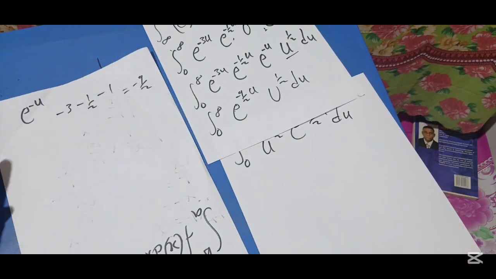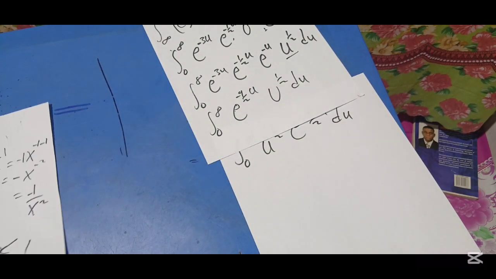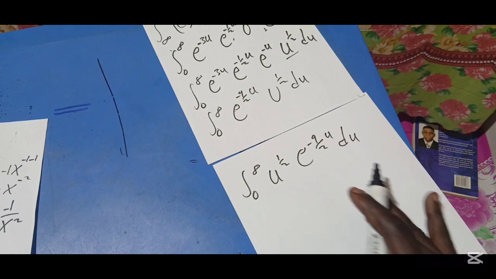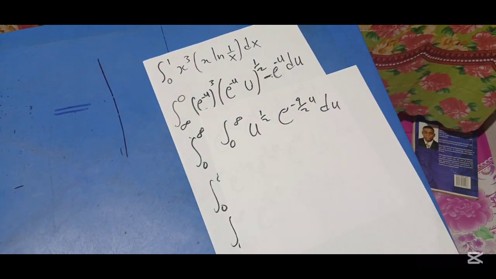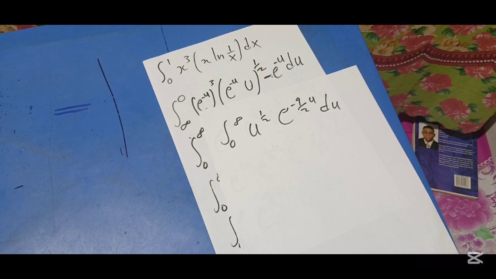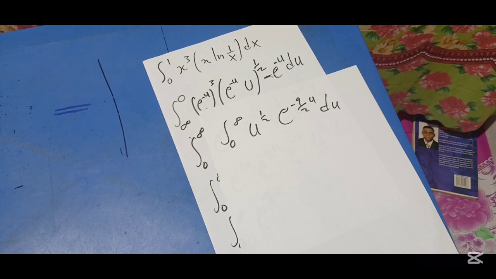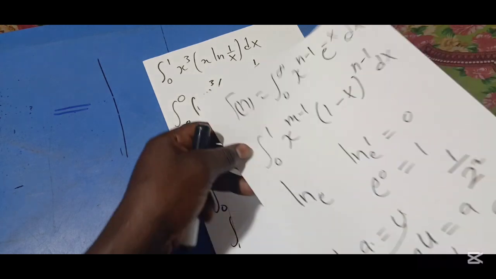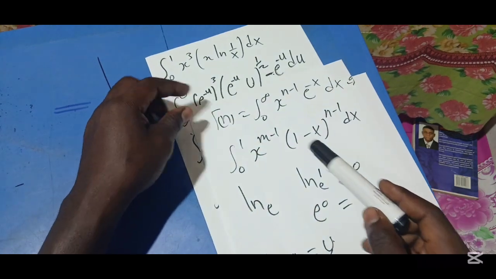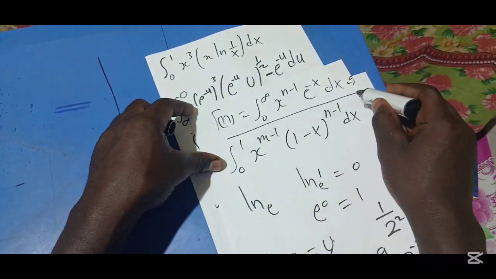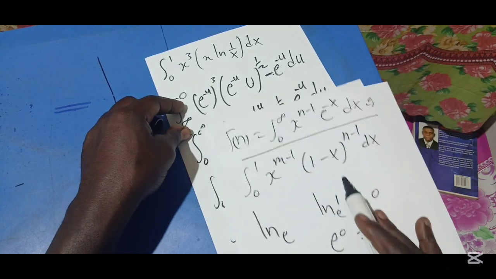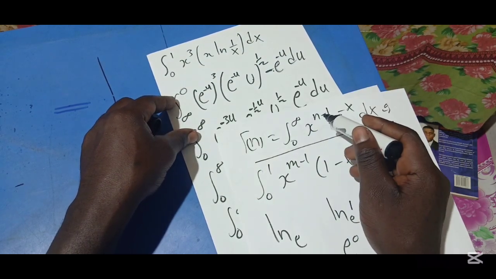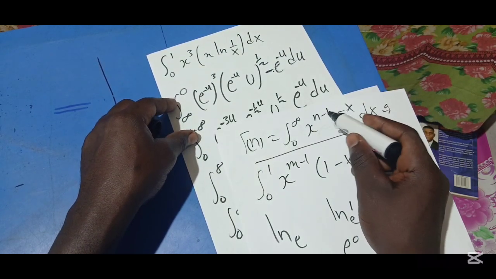But my aim is to express this whole term in a form that looks like the general definition for gamma functions. Looking at the general definition, the power of e should be of the form negative x, and this one doesn't actually matter for now, this one is okay.